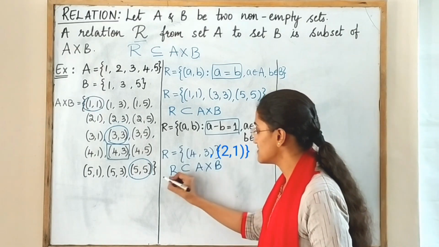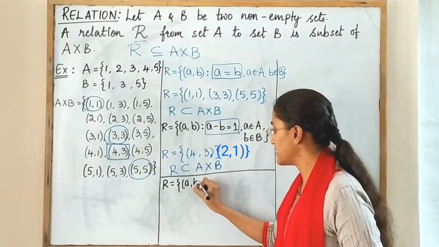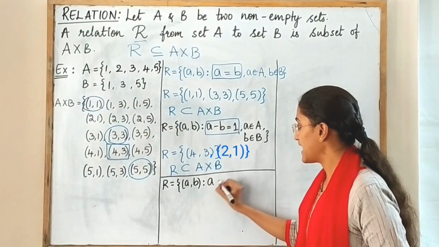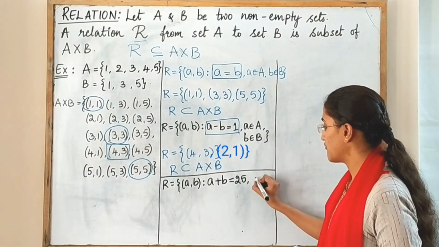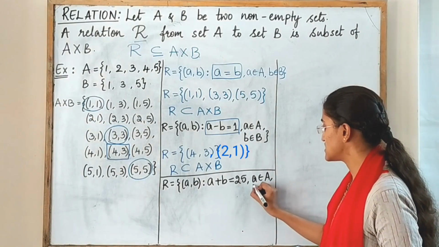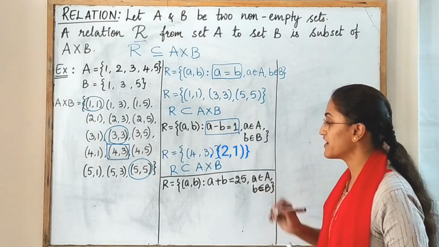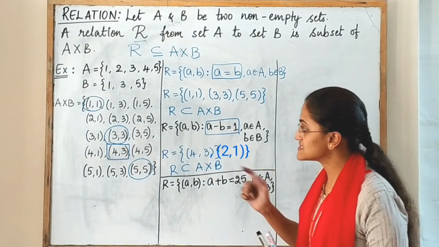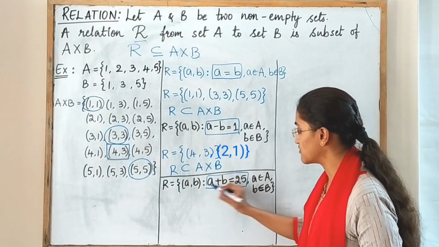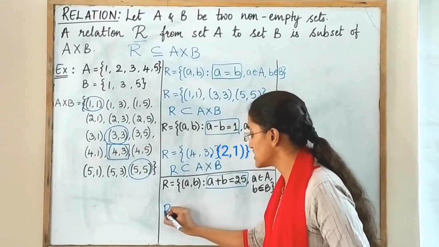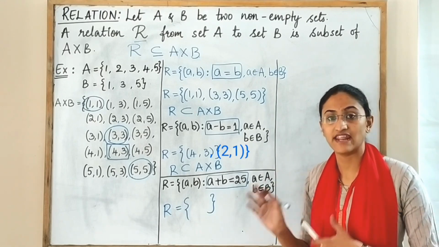Take another relation. If I am telling R is equal to {(a, b) such that a plus b should get me 25}, where a belongs to the set A and b belongs to the set B. Now, if you are going on checking with the elements, you can see that none of these ordered pairs satisfies the given equation a plus b is equal to 25, and hence the relation does not contain any ordered pairs, and hence this is a null relation or an empty relation.